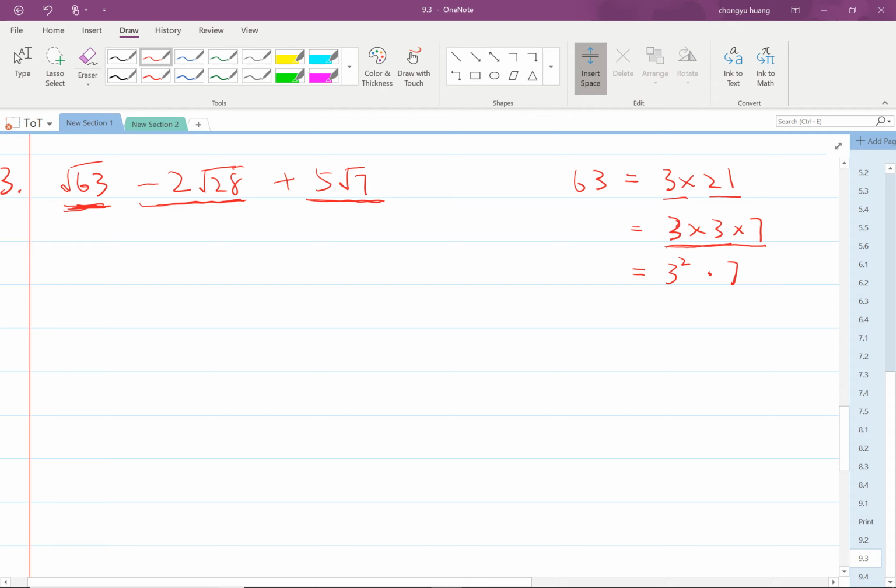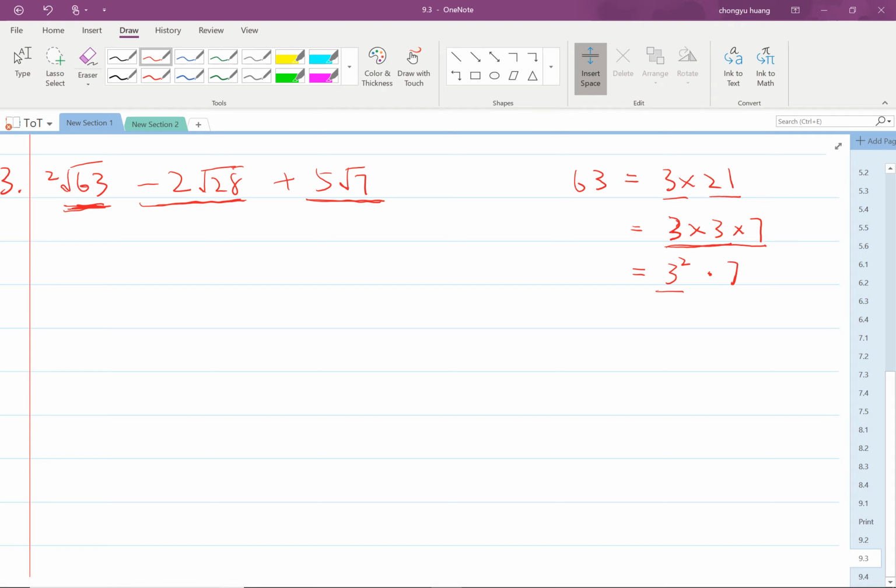You always want to write something to the power 2, because that's how you cancel out, that's how you remove the square root. So when you write those integers, you always try to write a number as something squared multiplied by something else.